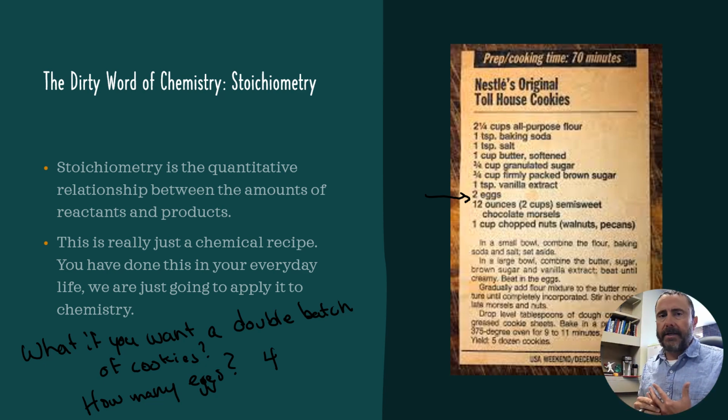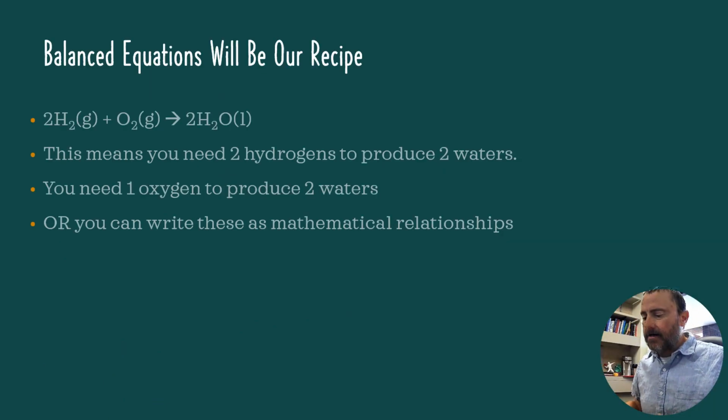That's all we're going to be doing with stoichiometry when it comes to chemistry. But instead of a list of ingredients like this, we're going to have a balanced equation that we're going to be using. Same idea though. So our balanced equation becomes our recipe. Here I've got 2 hydrogens plus an oxygen producing 2 H2Os.